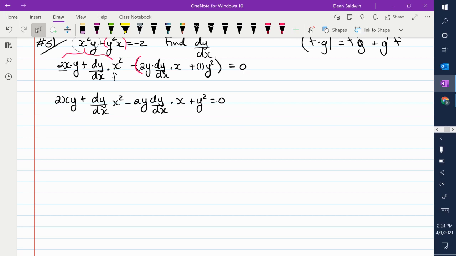So get everything that doesn't have a dy/dx attached to it to the other side. So this y squared could be moved over, as can this 2xy. So I'll get equals negative y squared minus 2xy.